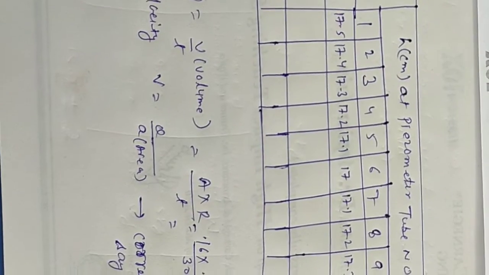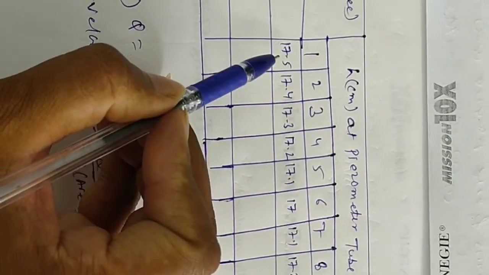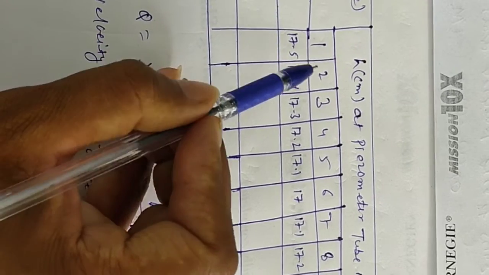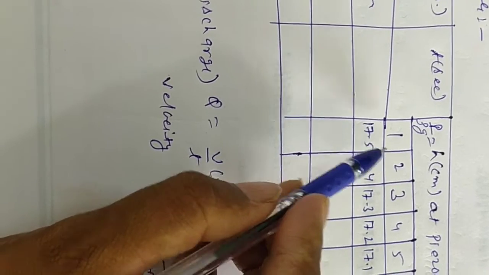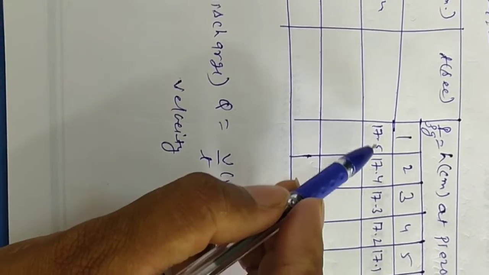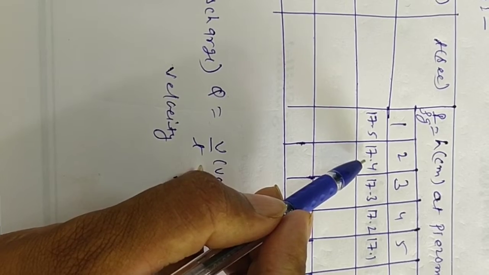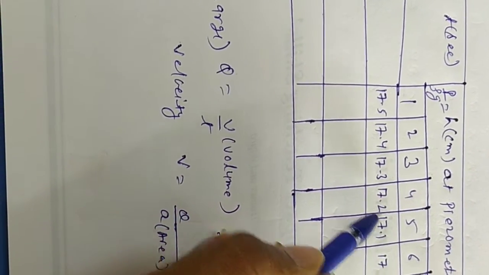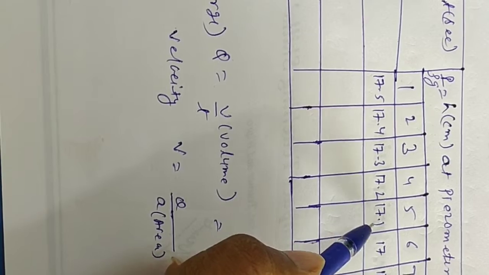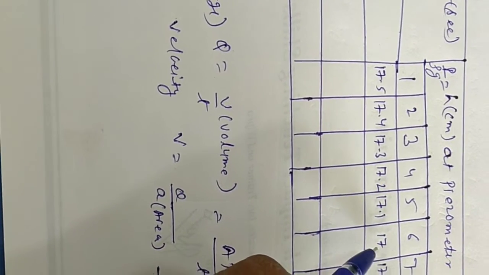Now this is our observation table. We have taken the reading for the first piezometer tube. The pressure head was H, that is P upon rho g, first measured in centimeter, 17.5. For the second piezometer tube 17.4, for the third 17.3, 17.2 for the fourth, 17.1 for the fifth, and for the sixth, which is the minimum cross-sectional area, 17.